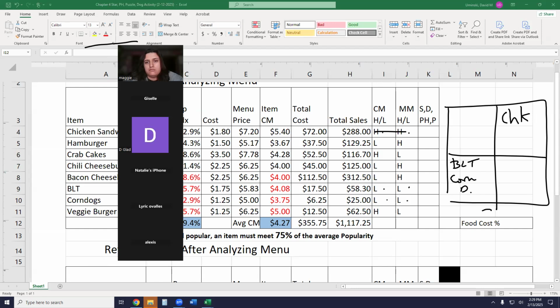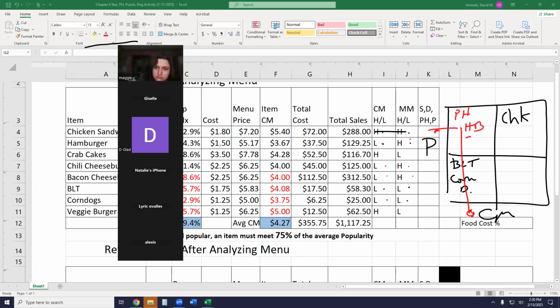Now, my next one down is low contribution margin, high popularity. That is my plow horse. So that's going to be my hamburger. Now, while I have low, high in my head, I'm going to go down and look for low, high.